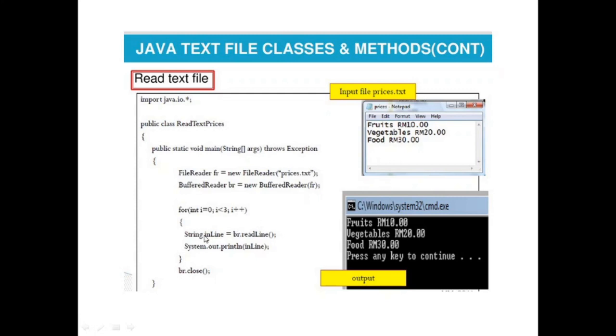You can output this information directly to the console or the display. So we are reading the line from the file, putting it inside the inLine string variable, and then printing this variable on the screen. This will be repeated up to 3 times, and the data will be displayed on the console.